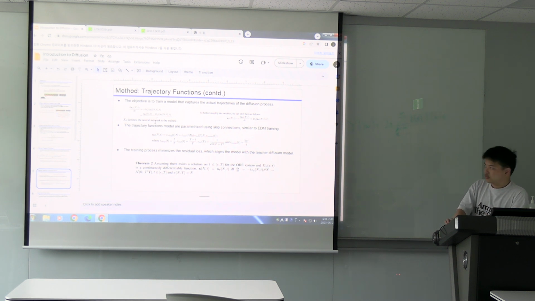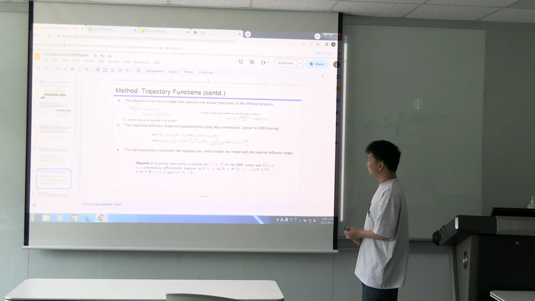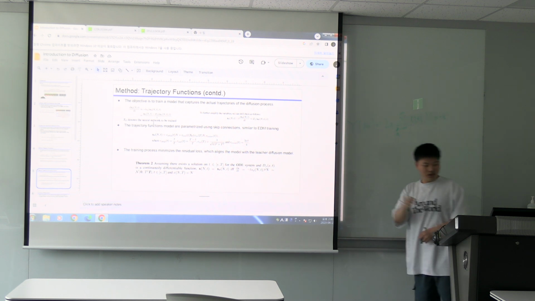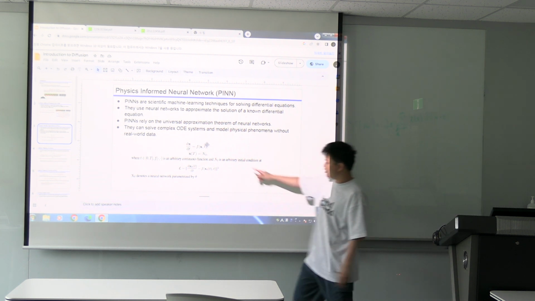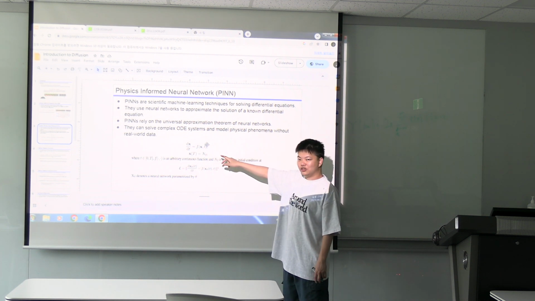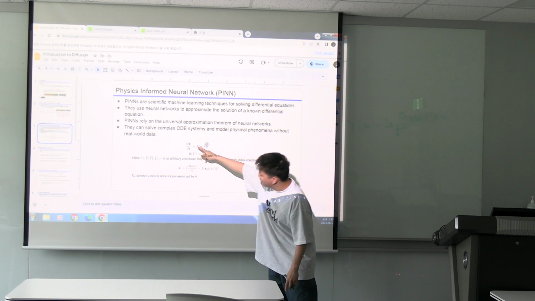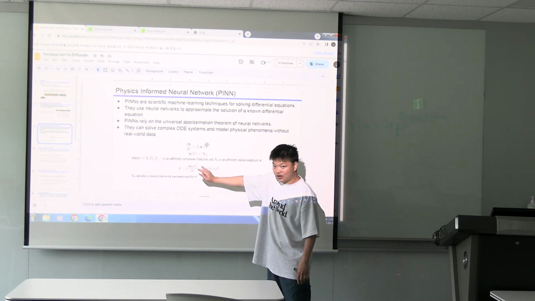I get lost here. Okay. So there are trajectories, right? You can think of this as trajectories. Let's say the trajectory is described by this dx over dt with this initial condition. What PINNs can do is take this x and, instead of being just x, parameterize x by theta and reduce this loss.